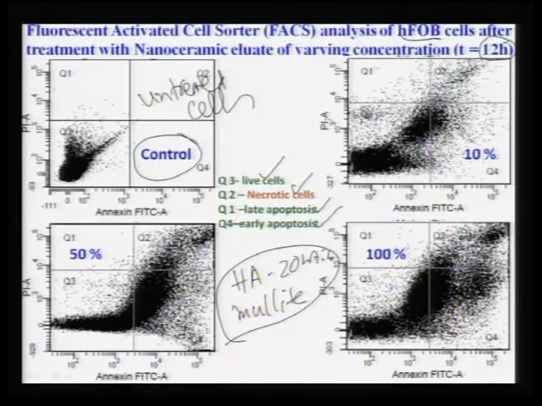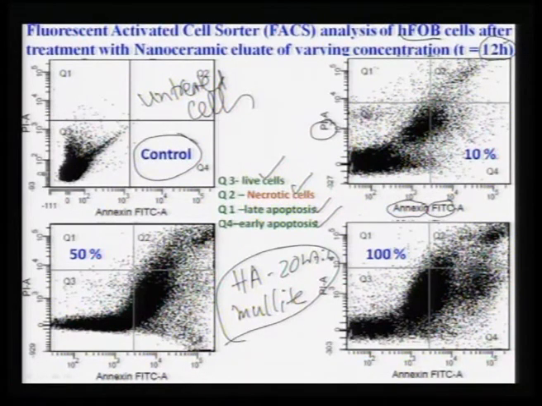Here, PI stands for propidium iodide, which interacts with the DNA, causing the red nucleus in the case of necrotic cells. Annexin V is another dye, and FITC is the fluorophore. In combination, annexin FITC will stain apoptotic cells differently.